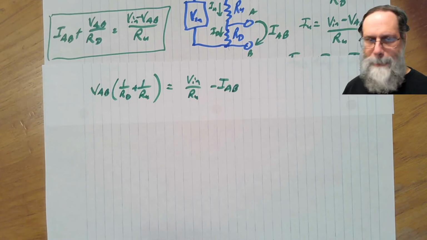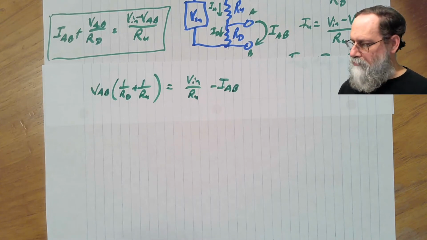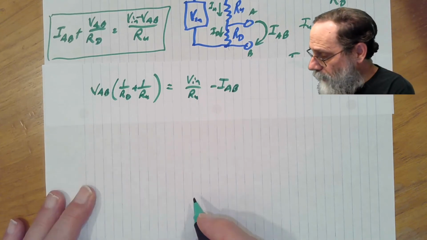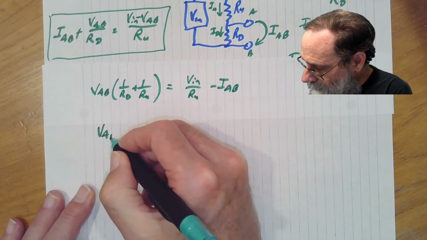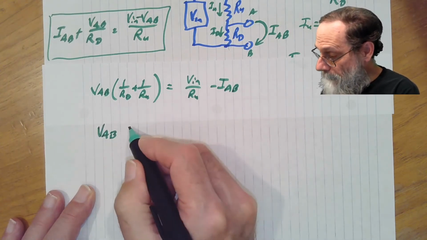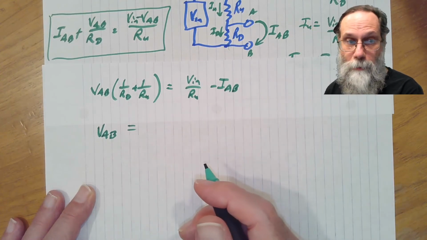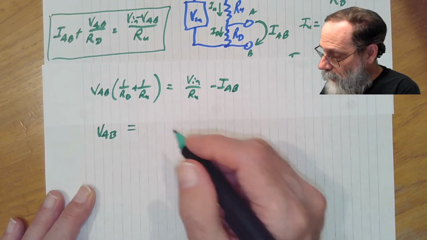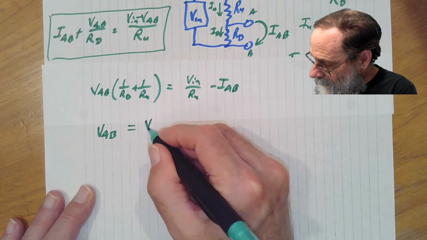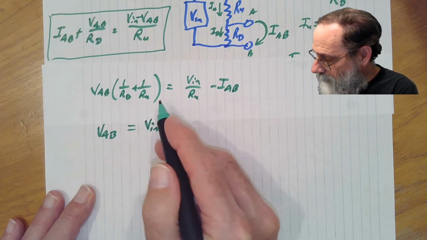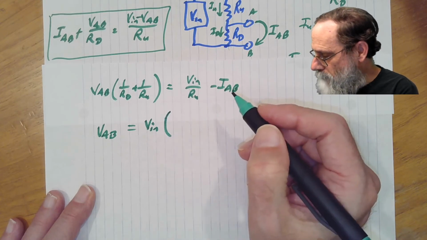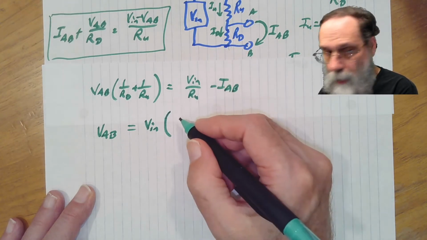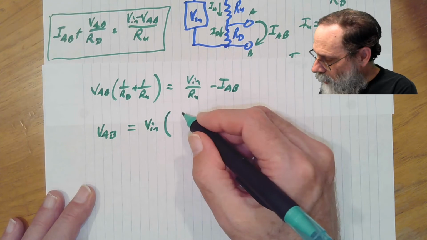Okay. I can simplify this even further by saying that VAB, the output voltage, or the voltage between the two output ports, is Vn times, let's see, what would that be?